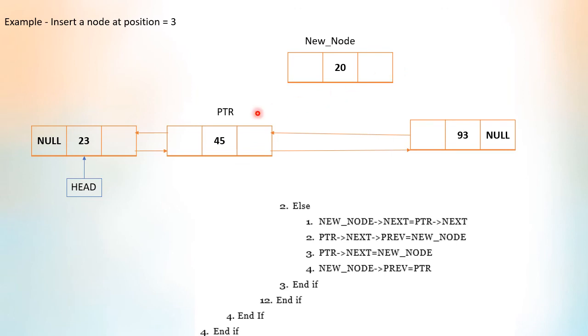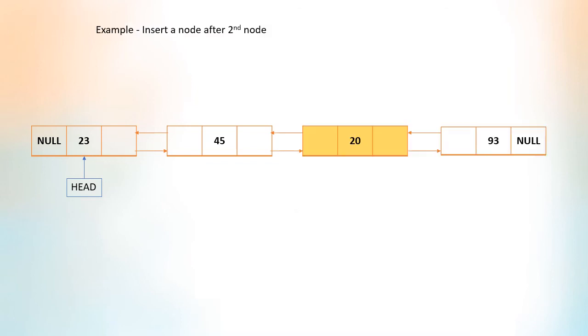And next, pointer's next part should be pointing to the new node, and the new node's previous part to pointer. Now we changed the 4 links and thus the new node is inserted at position 3. So this is how insertion of a new node is done in between two other nodes.